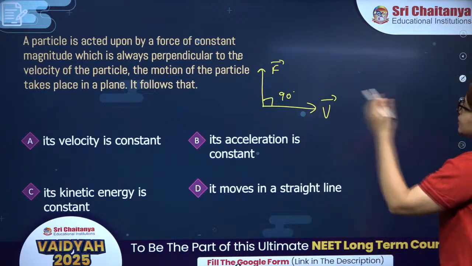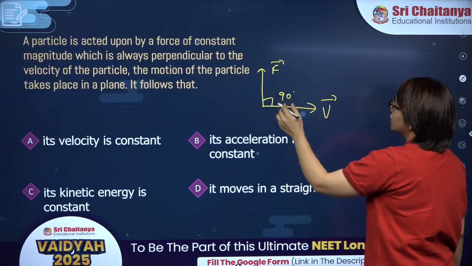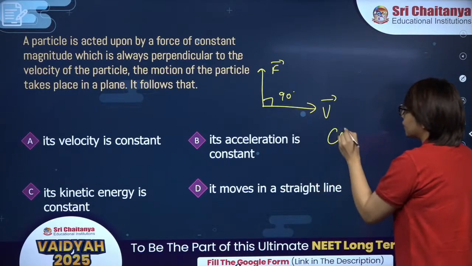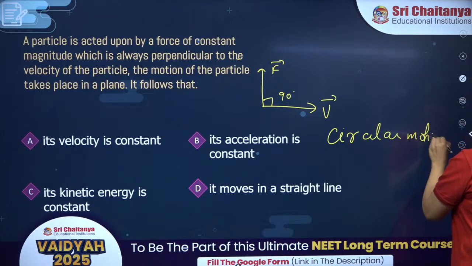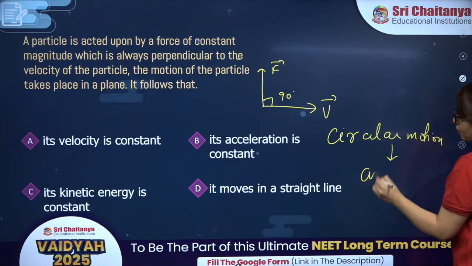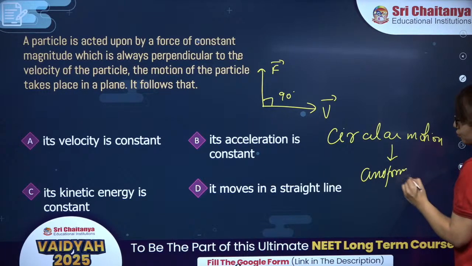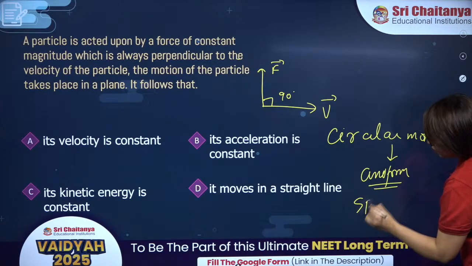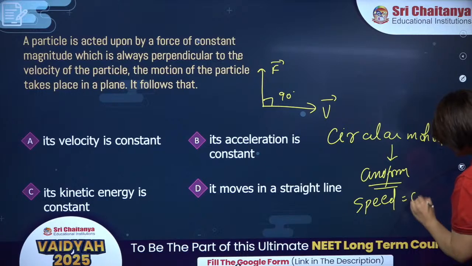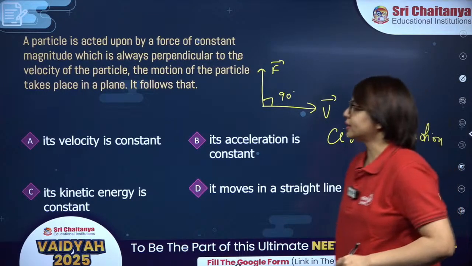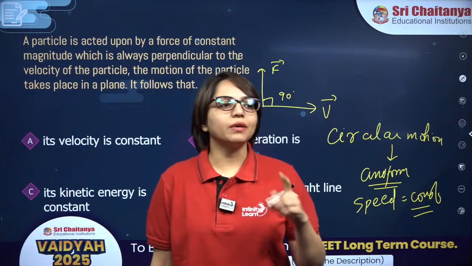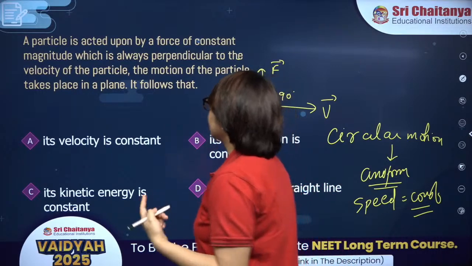So in this case, if force and velocity are perpendicular, what will happen? Particle will perform circular motion, and not any circular motion, it will be performing uniform circular motion. In uniform circular motion, speed of the particle remains constant. Velocity is not constant because direction is changing continuously.